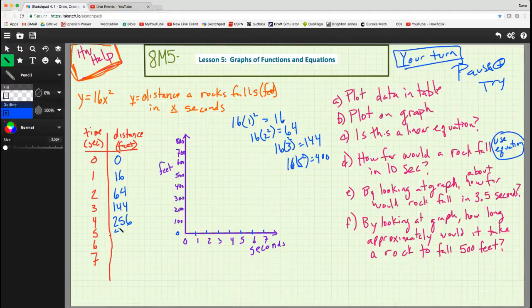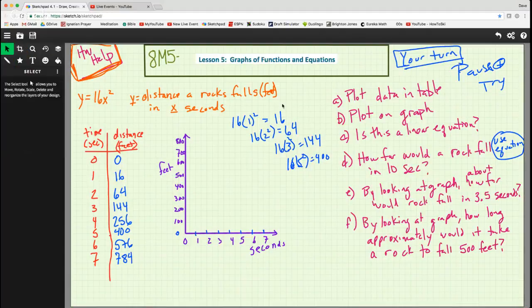Yep, that's 400. 16 times 6 squared, and that's 576. And then 16 times 7 squared, and that's 784. So let's plot that data here on the table.